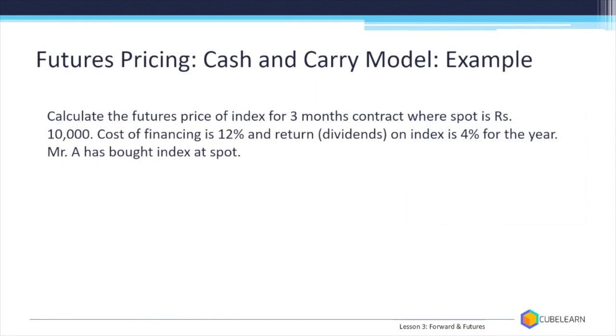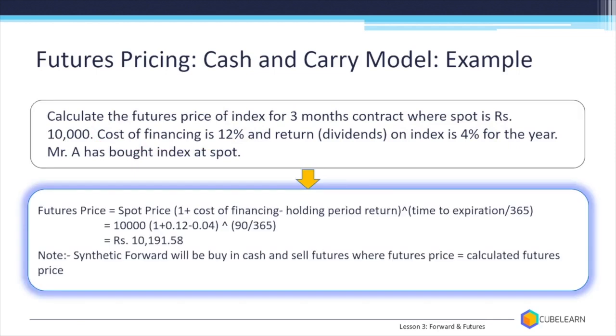Calculate the future price of the asset generating returns, where the spot price of the index is rupees 10,000, 4% is the annual return, and the cost of financing is 12%. The cost of financing to buy futures index is 12%, and the security will also give a return of 4%, which will eventually bring down the cost.